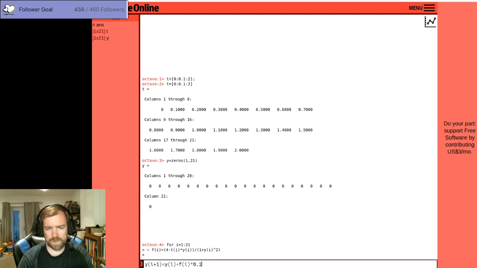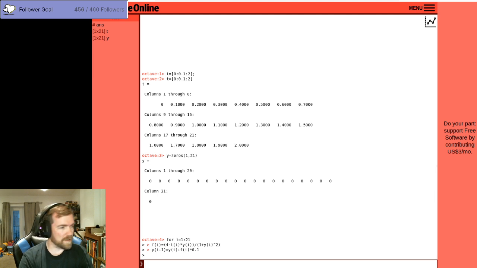For right now, let's just do 0.1 because I didn't do it properly. And then that should be it, right? Because we're just iterating between the two things. Right. So then, yeah, that should make sense. That would tell you the next y value.